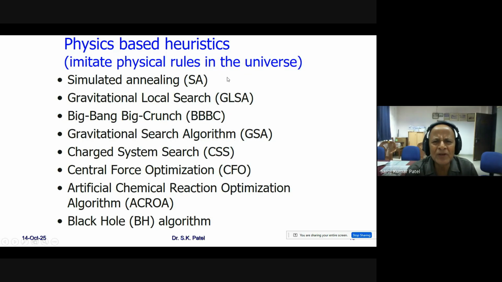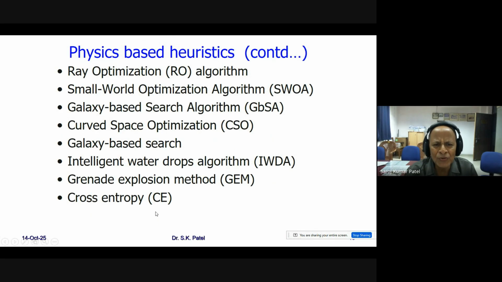Then physical phenomena, the rules of physics: simulated annealing, which is based on the heat treatment process, the annealing process, gravitational local search, Big Bang Big Crunch, gravitational search algorithm, charged system search. These are all physics-based heuristics or non-traditional algorithms. These are some more physics-based heuristics.